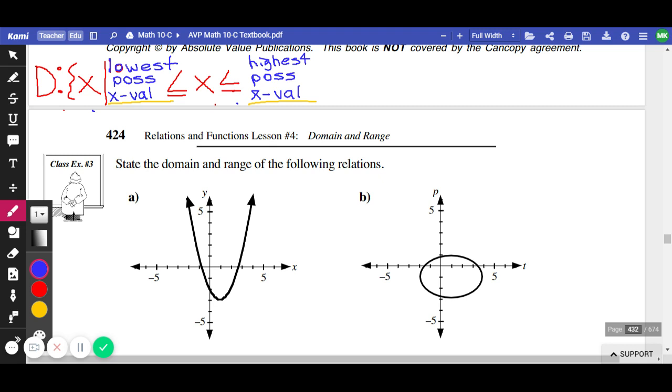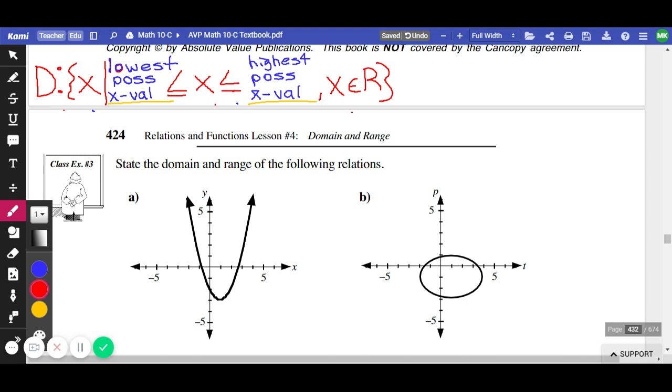X could be anything in between the lowest and highest x values. Every little decimal in between. We do have to tag one more thing on the end. So you go comma, and you say x is an element of the reals. That's telling you that it can be any real number in between those two numbers.